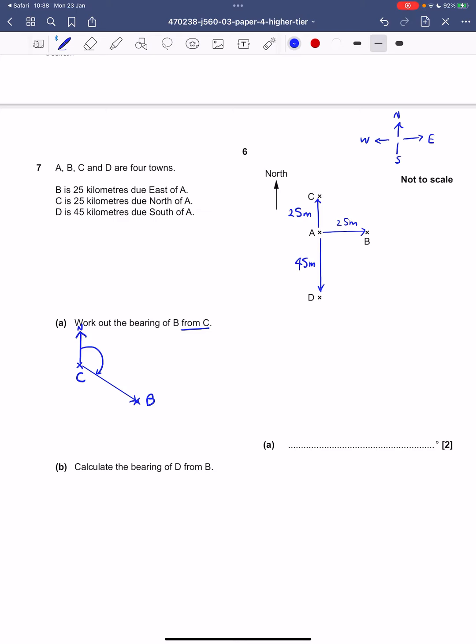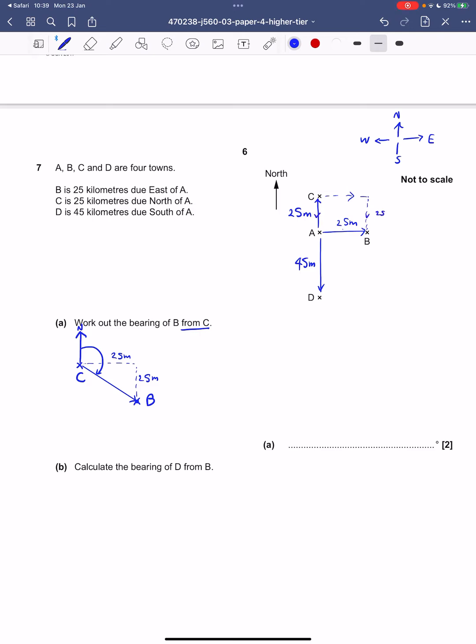Okay, so across here, that's 25 metres, because that's there, which is this 25 here. And then down here, this is also 25 metres, because it's parallel there.